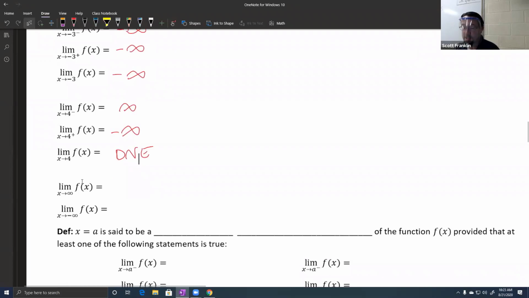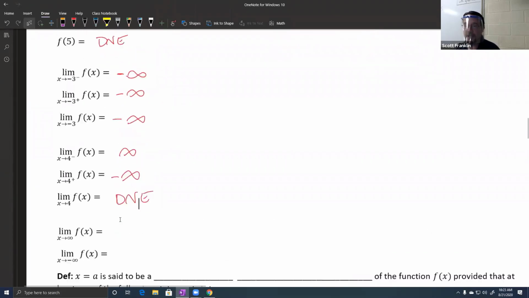And the last two questions here, actually, before I fill those in, let me just point out these two right here. When you have something where the output of the limit goes to infinity, that is that terminology that you just introduced in here. It's called asymptotes, and they're vertical.